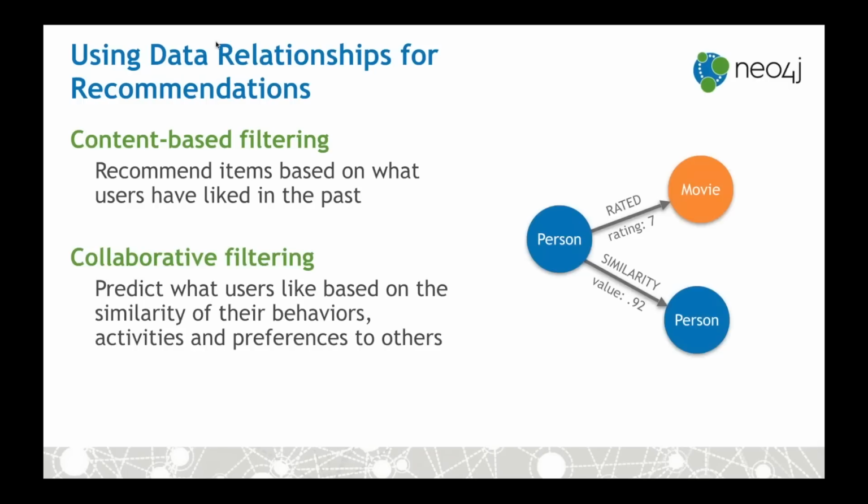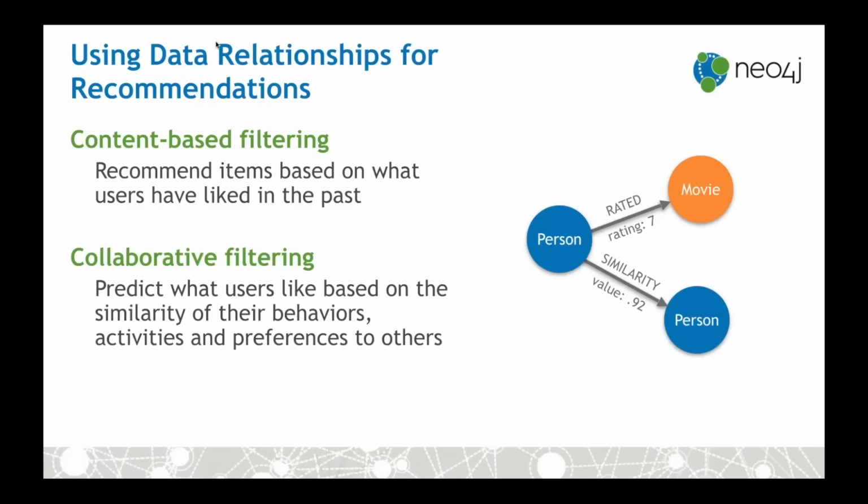So when we say recommendations, we're talking about recommending things to a user that they might be interested in. There are 2 basic approaches here. One is content-based filtering, where we're going to be recommending items to users based on what they've liked in the past. So if I like action movies and westerns, find more movies that are similar to those.